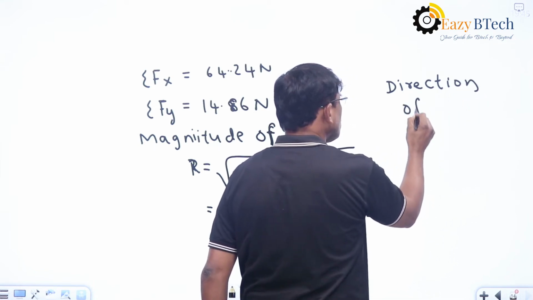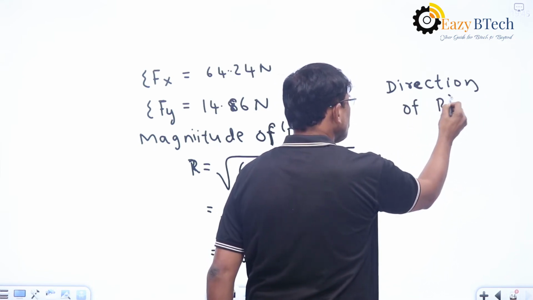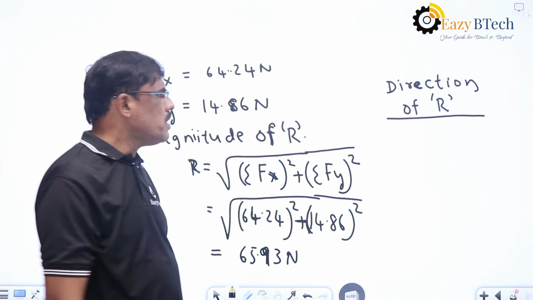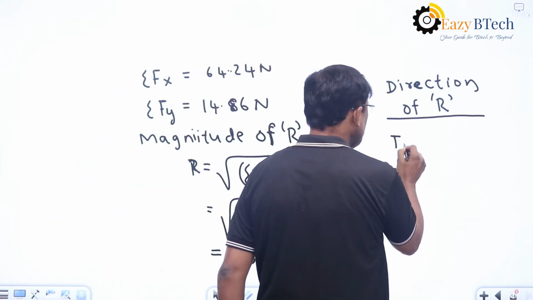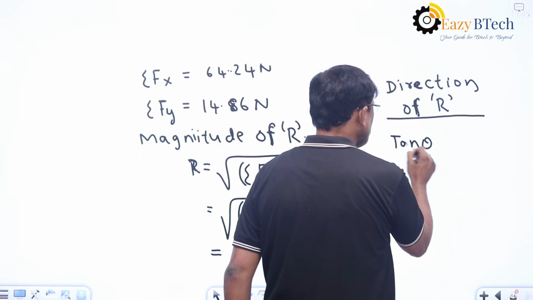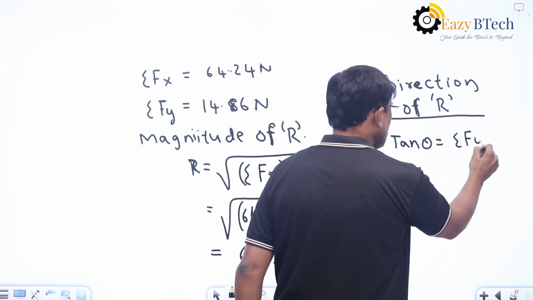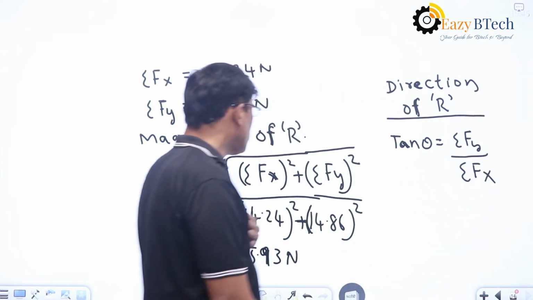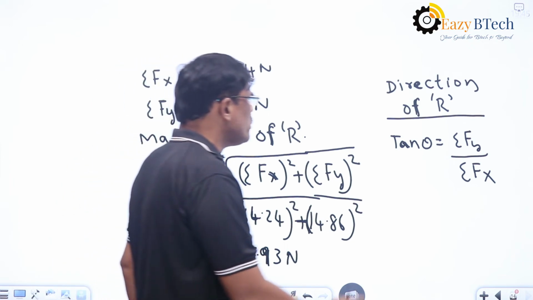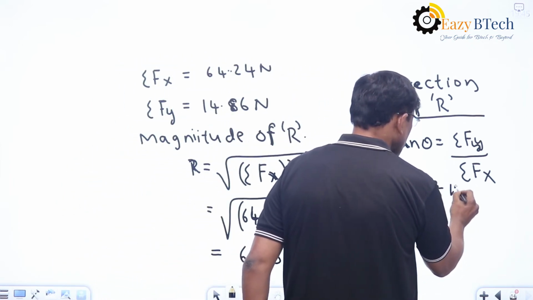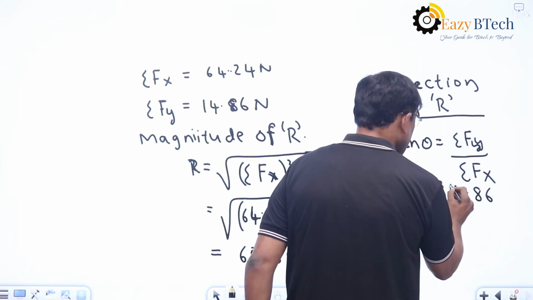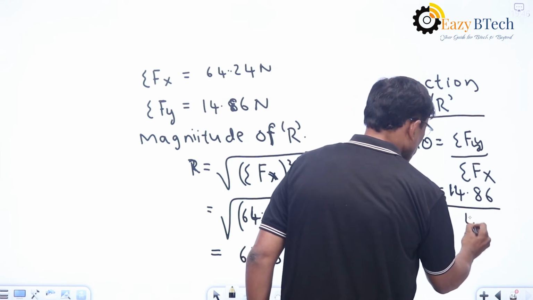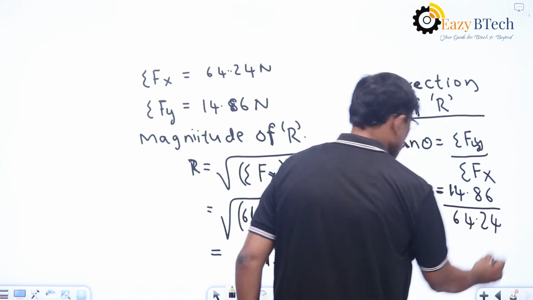Direction of resultant. As I mentioned in the previous video, tan theta is equal to sigma Fy by sigma Fx. Here both values are known to us: 14.86 divided by 64.24.